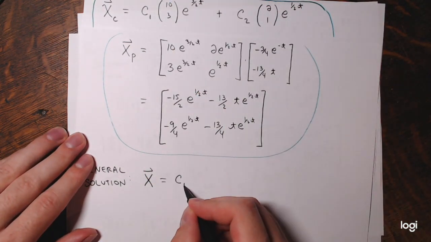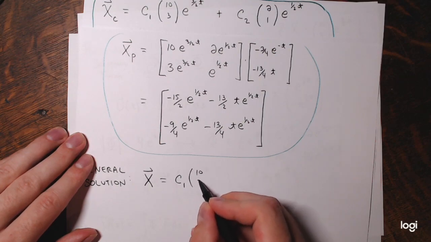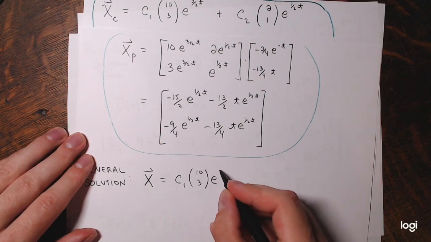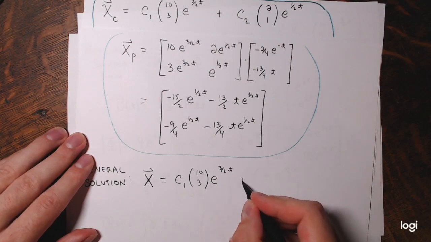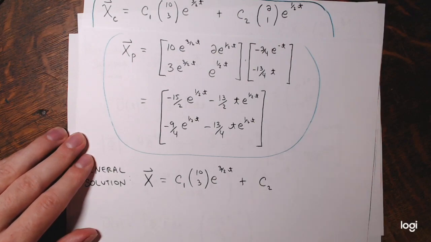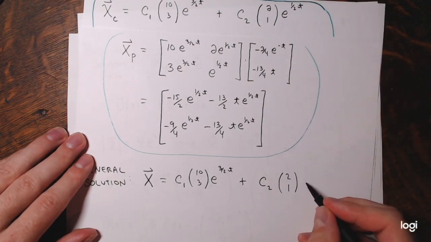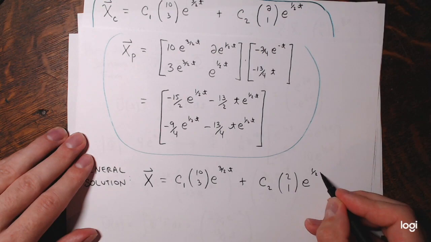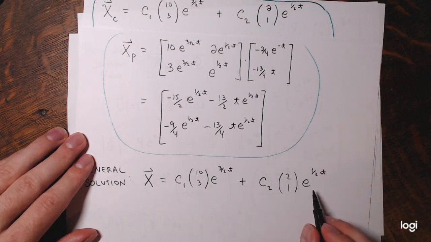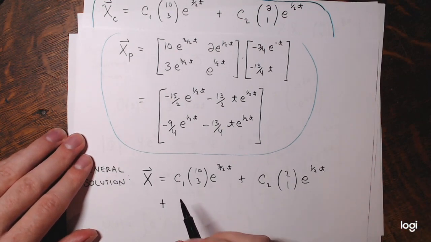So it's some constant c1 times the vector 10, 3 times e to the 3/2 t plus some other constant c2 times the vector 2, 1 times e to the half t. There's the complementary function, plus our particular solution.